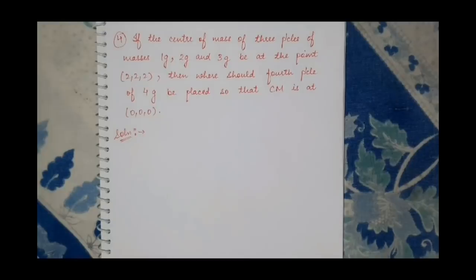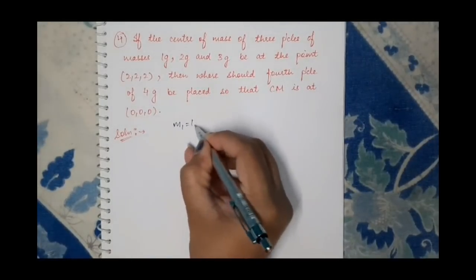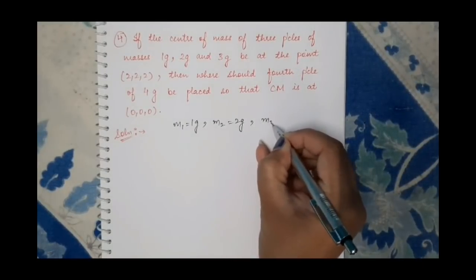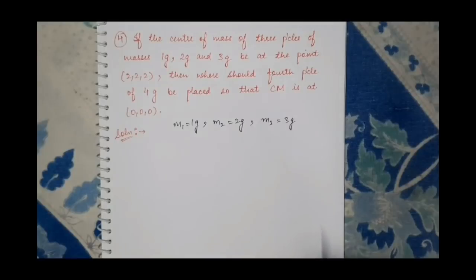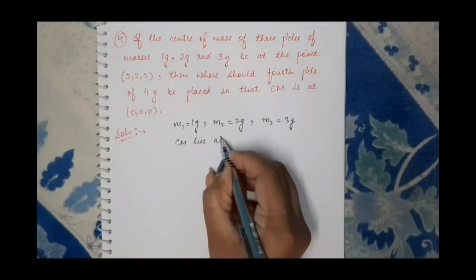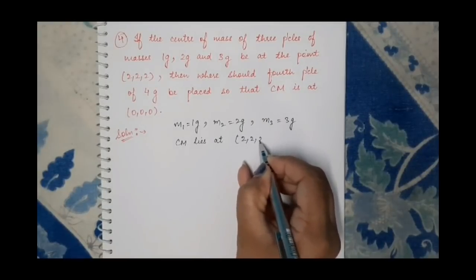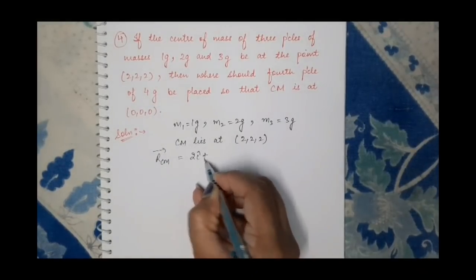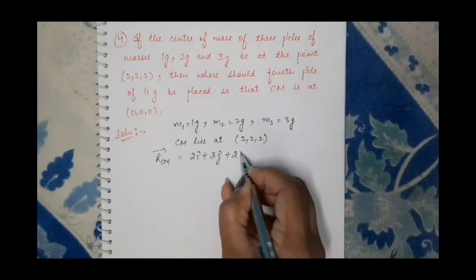So next is, if the center of mass of the three particles of masses 1 gram, 2 gram, 3 gram. We are given three masses: M1 is 1 gram, M2 is 2 gram and M3 is 3 gram. And at that time the coordinates of the center of mass are 2, 2, 2. It means its position vector will be 2 i cap plus 2 j cap plus 2 k cap.